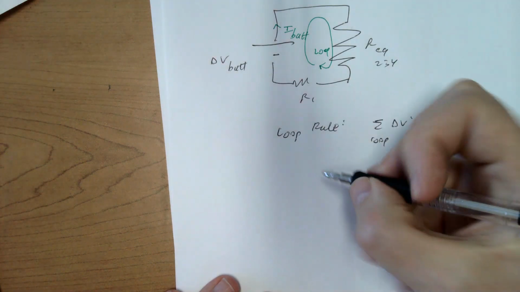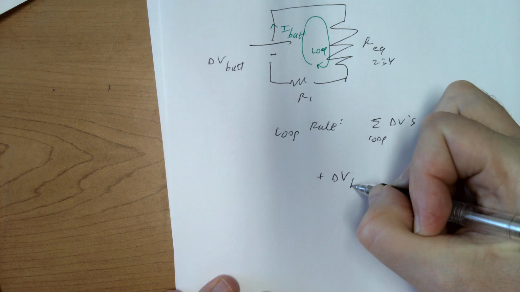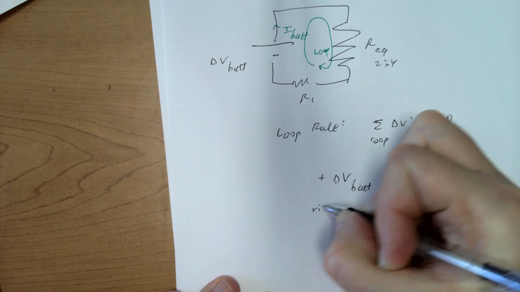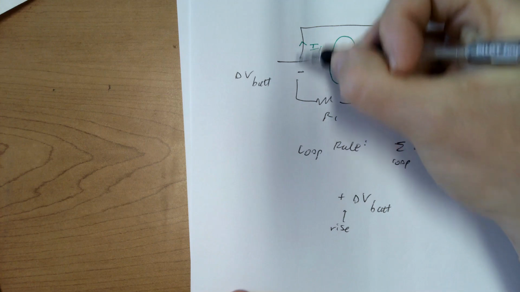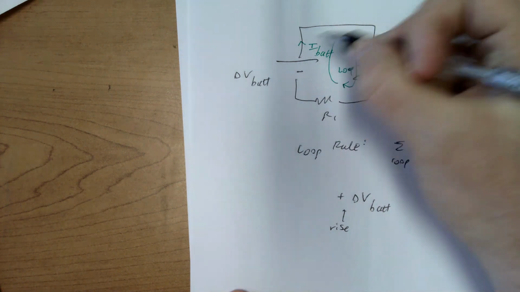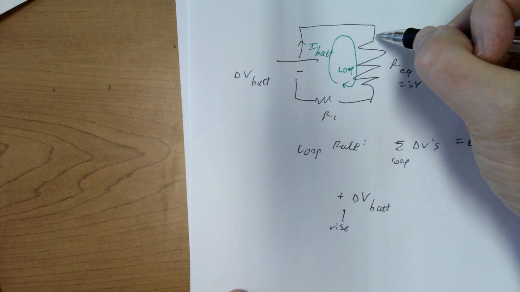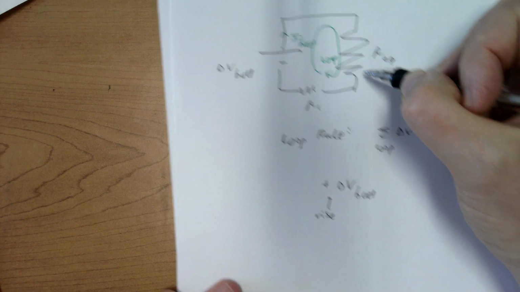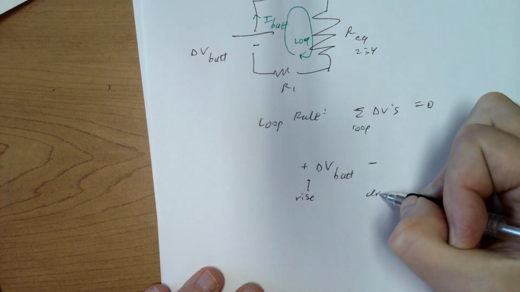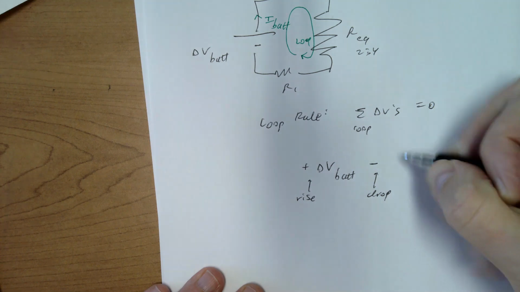Okay, so I get plus delta V bat. It's a plus sign because the voltage is rising in that direction that I've drawn my loop. The voltage doesn't change in any of these wires, but the voltage drops when I go through any resistor. I'm going to put a minus because it's a drop.